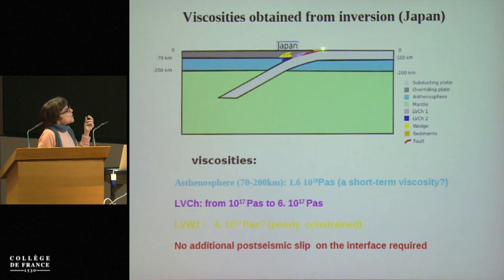And in the case of Japan, we do not need explicitly post-seismic slip on the interface at shallow depths, as long as we put a very small component of Burgers transient creep in the mantle, as long as we put a small Kelvin-Voigt rheology, not only a Maxwell rheology, but a Kelvin-Voigt rheology in the asthenosphere.